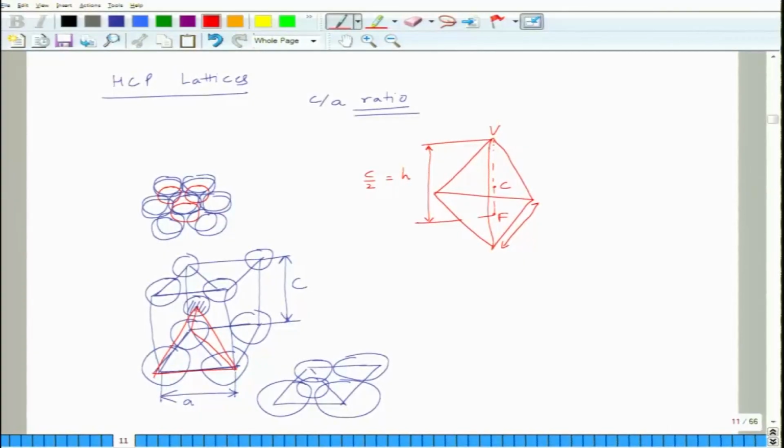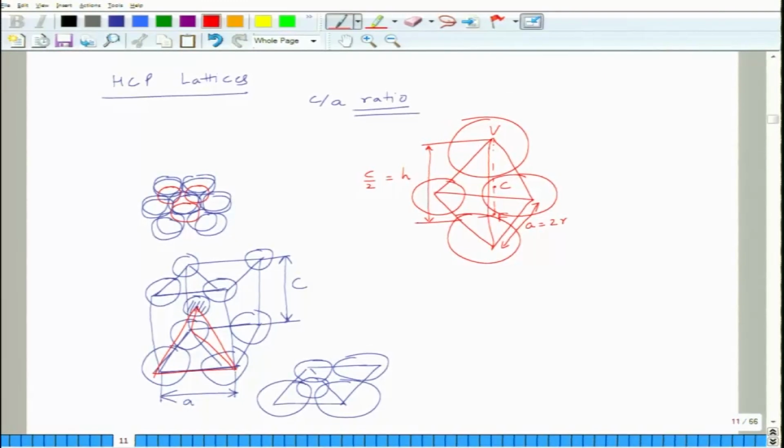So you know these distances. What is this distance? This is A, which is equal to 2r, because you have an atom sitting here, an atom here, an atom here, and an atom here.